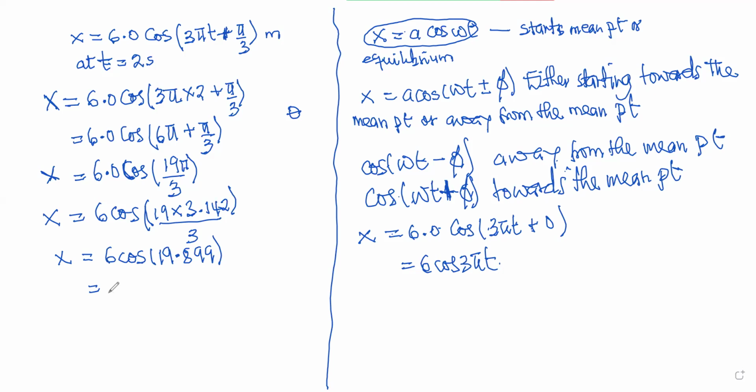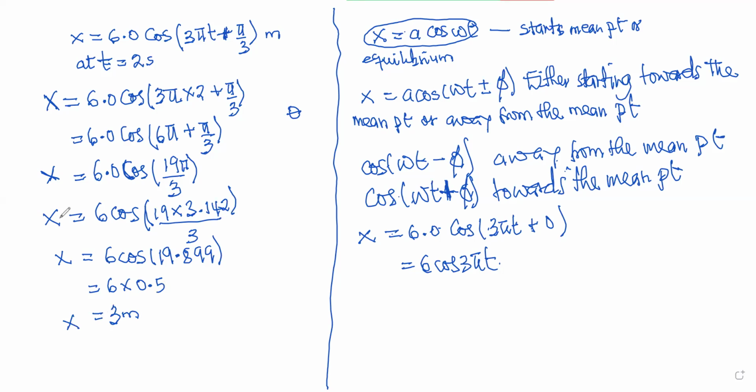That would give you approximately 0.5. So 6 times 0.5; the value there is 0.498, but we can round it to approximately 0.5. So 6 times 0.5 is equal to 3 meters. So it simply means that at t is equal to 2 seconds, the displacement is 3 meters.